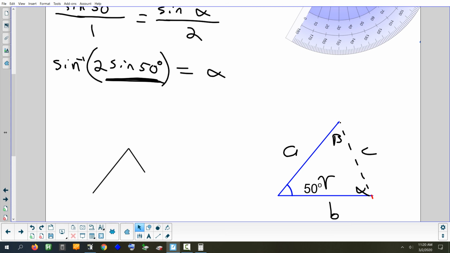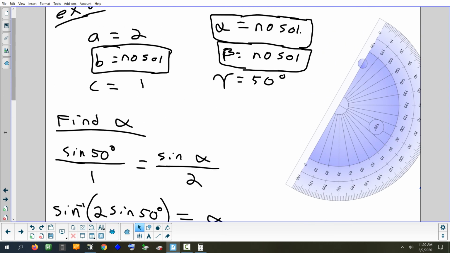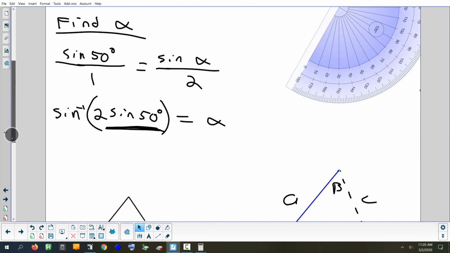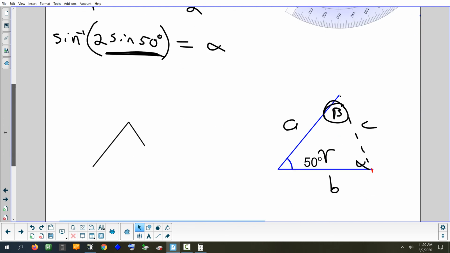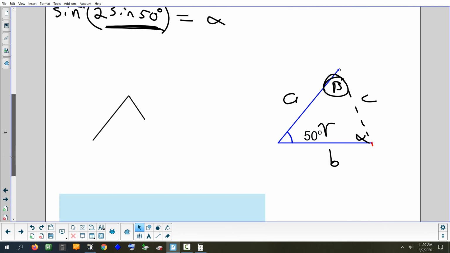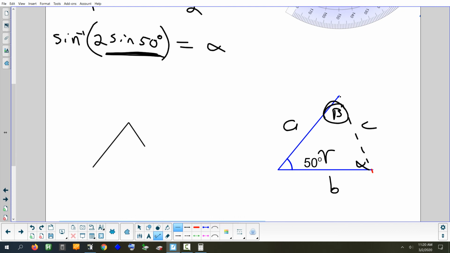Okay, so now there's C. Now B, there's no specification on how long it is. And the angle over here, or up here, really could be anything. But it's not going to work. You can make B as long or as short as you want. No matter how long or short you make it, and no matter how you turn C, because you can change beta, that can be any angle you want right there.